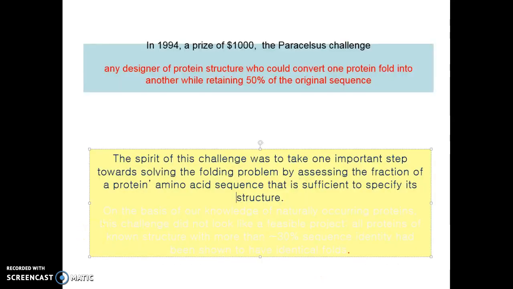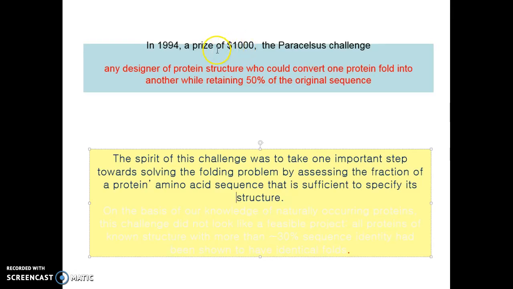The last subject is very interesting. In 1994, there was a challenge called the Paracelsus challenge with a prize of $1,000.